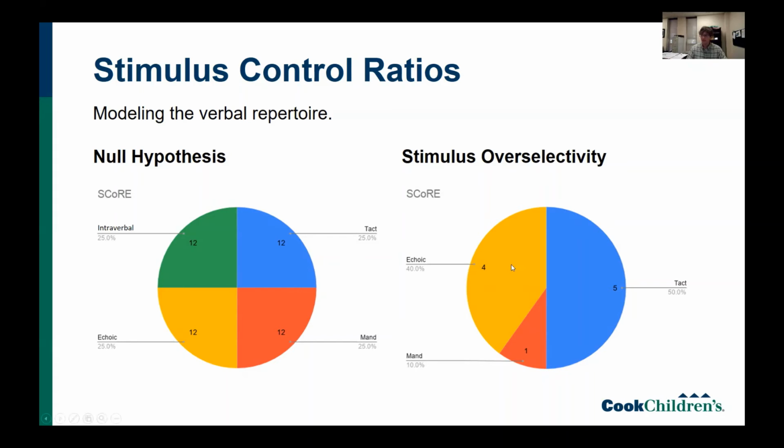In contrast, at right, we have a speaking repertoire of a child with ASD. You can see that clearly the tact repertoire and the echoic repertoire are larger than the mand and the intraverbal repertoire, which is non-existent. And the question remains is, to what extent are these differences meaningful? Are they impactful to somebody that shows this sort of disproportionate balance?